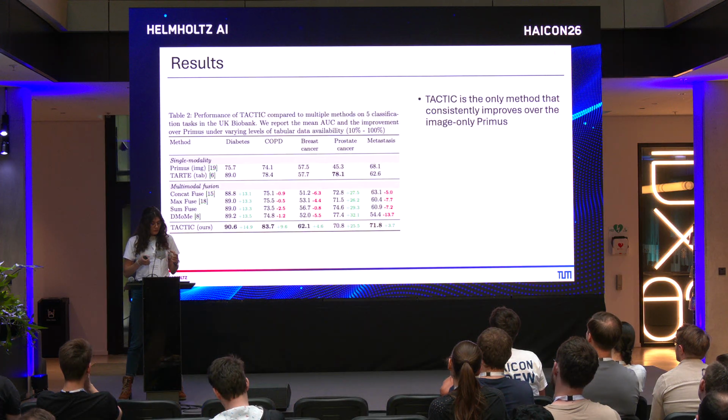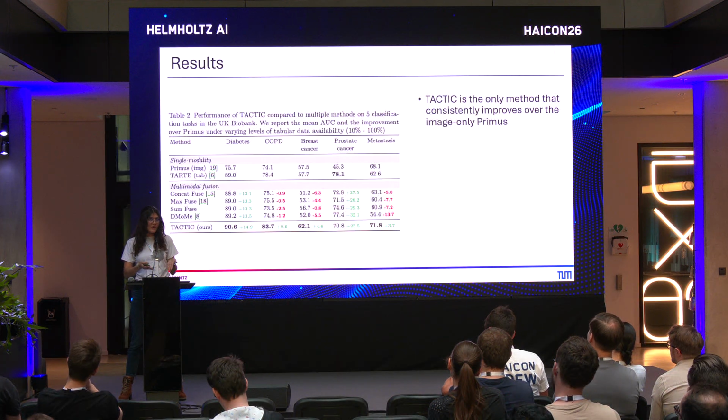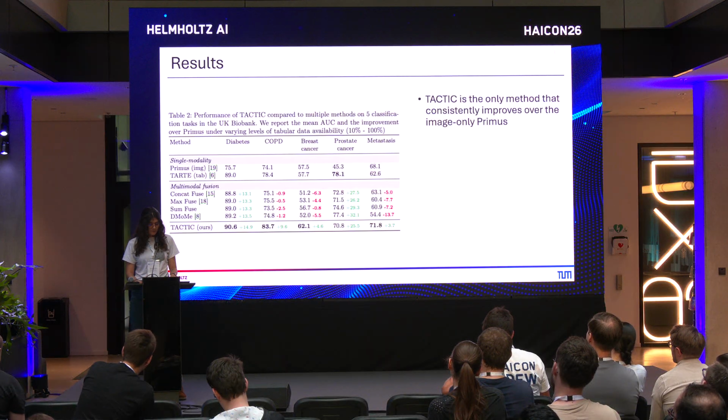And what happened with most of our other methods is that when we have very little data, they start performing even worse than if you never give them tabular data at all, because they become reliant, they require that full set of tabular attributes.